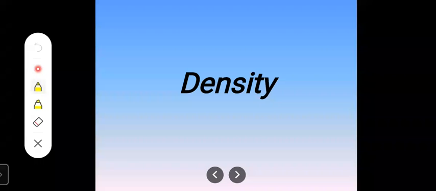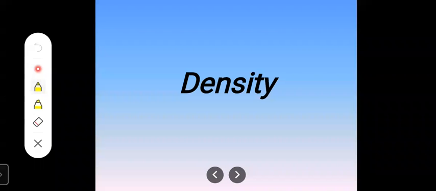Density is a word we use to describe how much space an object or substance takes up, meaning volume, in relation to the amount of matter in that object or substance, meaning its mass. Density is used to describe how much space an object or substance takes. That is known as density.